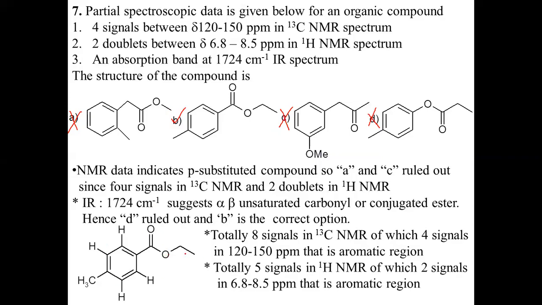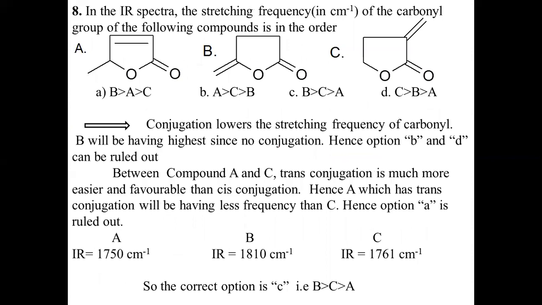Totally, how many signals are possible in C13? Okay, we'll just bother about proton NMR. Proton NMR 1, 2. C13 NMR 1, 2, 3, 4. So in the aromatic region, you have 4. Fine. Let's move on to the next question.